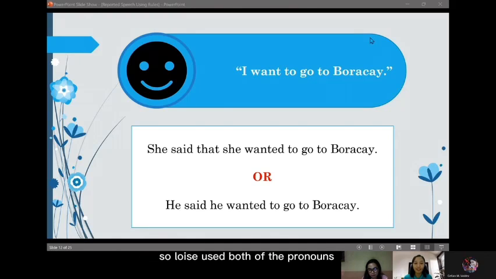So Lois used both of the pronouns to refer to the speaker, and she also used the reporting verb said, that, and then the shifting of the verb from present to past. Or you can also use the second one, the second example, without the that. Okay?